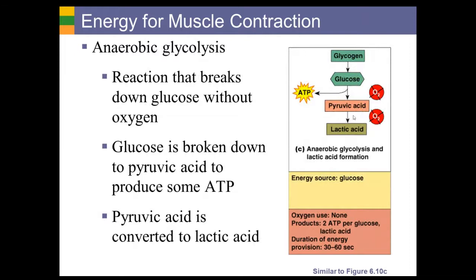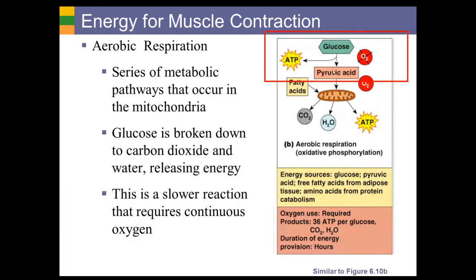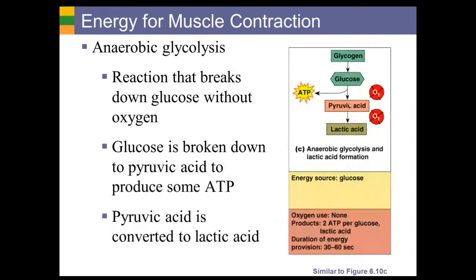So that pyruvic acid is temporarily converted to lactic acid. This is just a sort of fleshed out version of this right here. Okay, this pyruvic acid is temporarily converted to lactic acid, but it's still an acid, so it can still drop the pH in the cytoplasm of the skeletal muscle fiber.